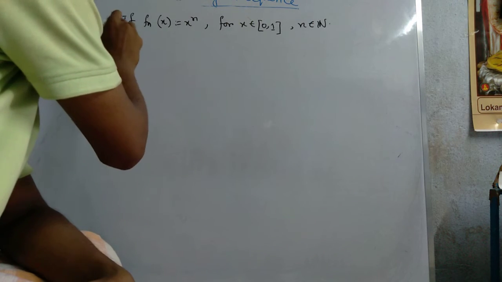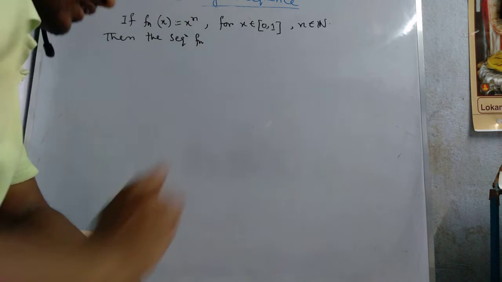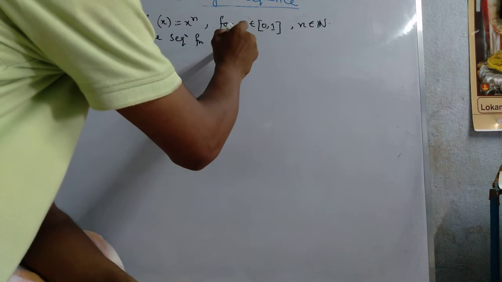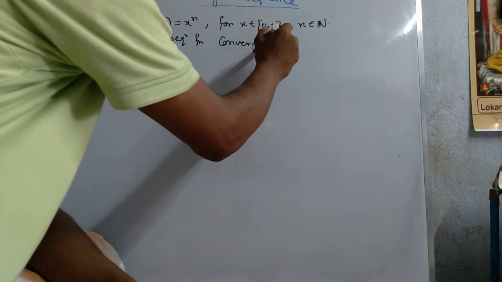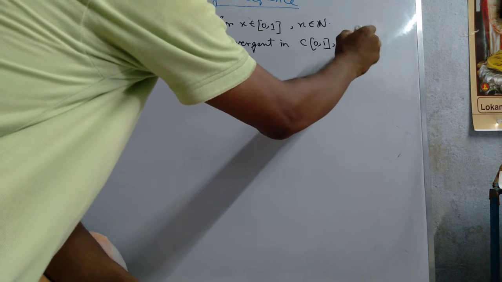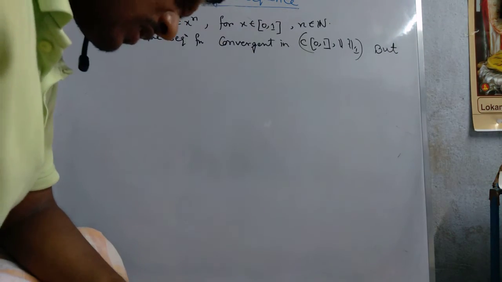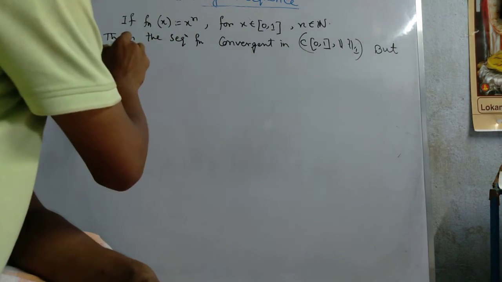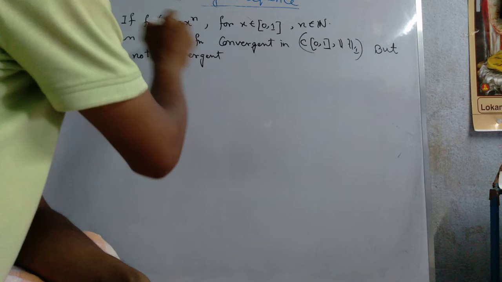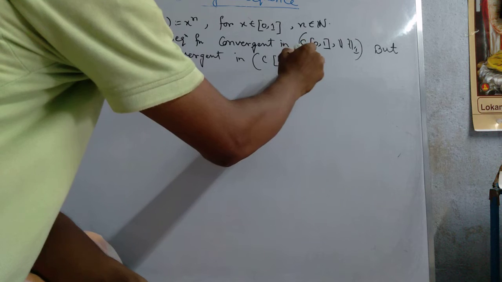Then the sequence fn is convergent in C[0,1] with norm 1, but is not convergent in C[0,1] with the infinity norm.